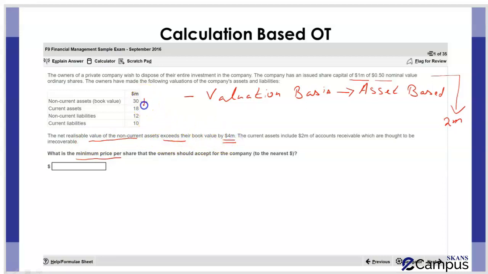This means the non-current assets should be increased by $4 million to become $34 million. Similar adjustments need to be looked for, and when you calculate the final answer, you also need to know the number of decimal places to round off to. In this question, it says to round off to the nearest dollar, so you have to calculate in dollars and round it to 0 decimal places.